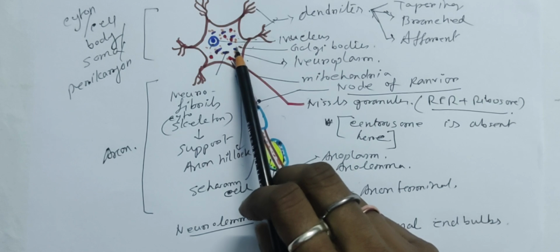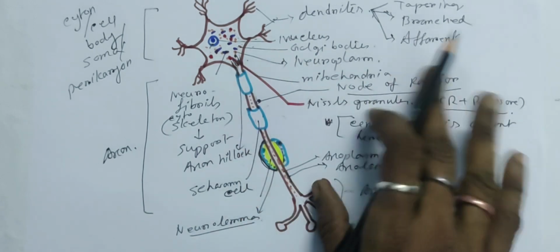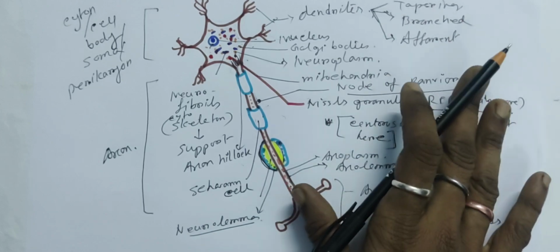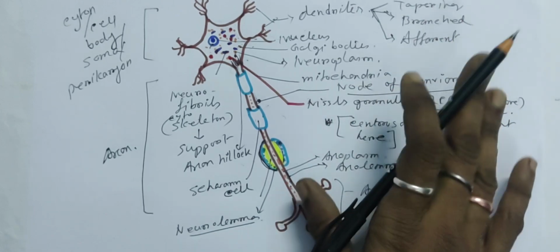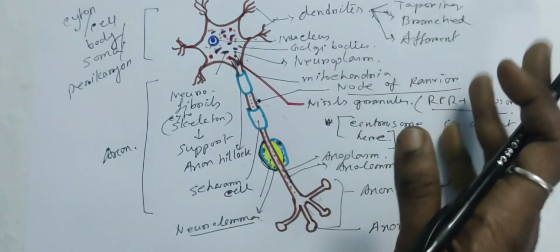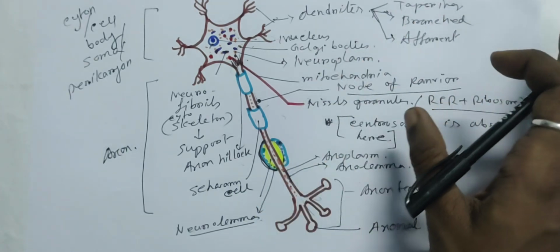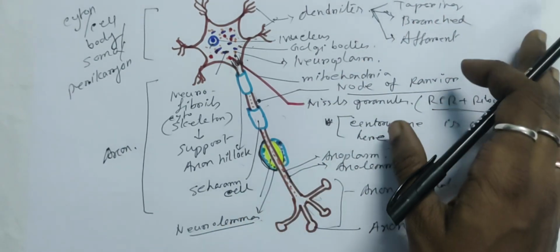Another important thing is that the centrosome is absent here. As the centrosome is absent, they are non-dividable. They cannot divide to form new nerve cells. They are longer in length, but non-dividable.